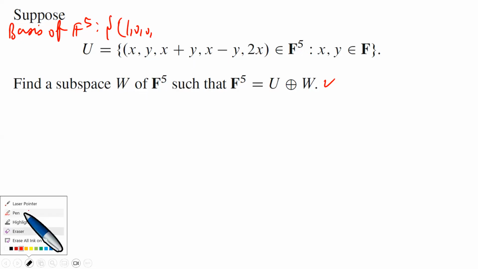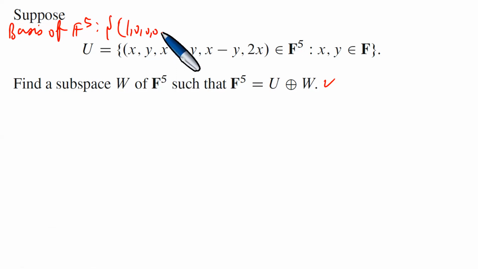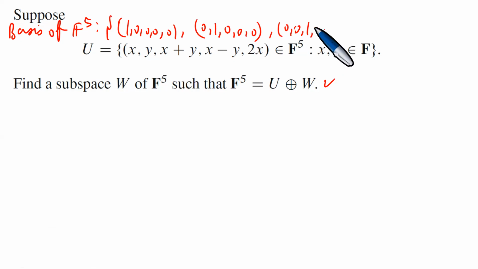So you have four zeros, then 0, 1, and then three entries here, and then 0, 0, 1, and then two zeros. Then 0, 0, 0, 1, 0.